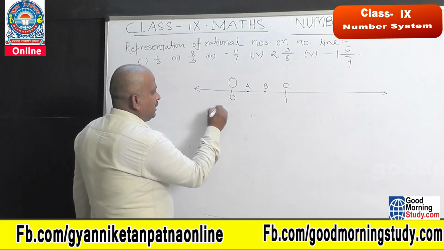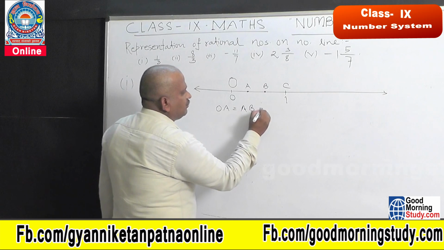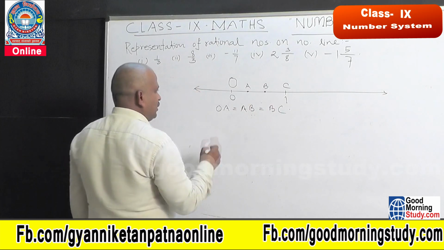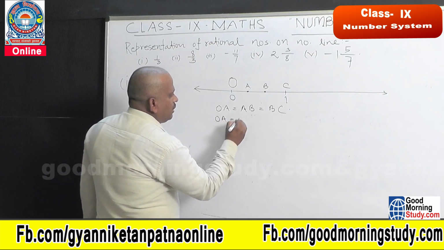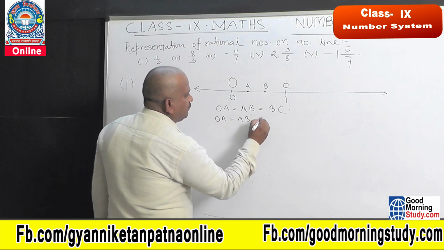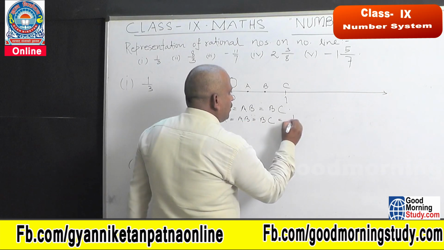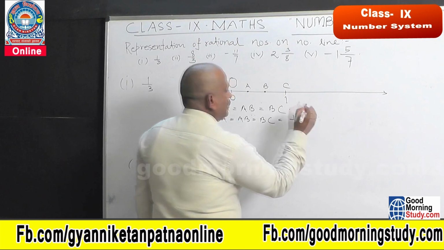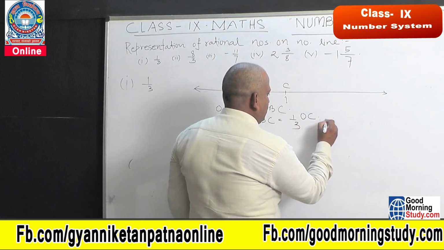So OA must be equal to AB and this must be equal to BC. And therefore children, OA equal to AB equal to BC, this must be equal to one third of OC, and OC is 1 unit.